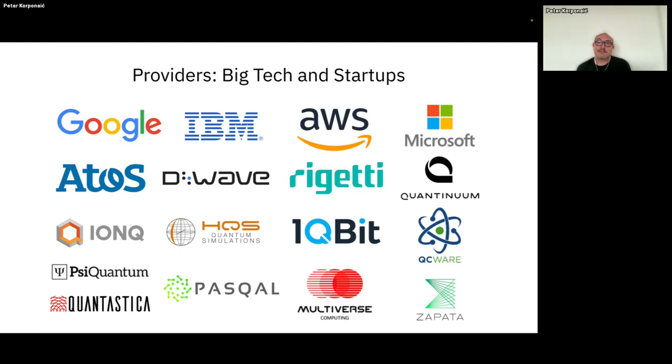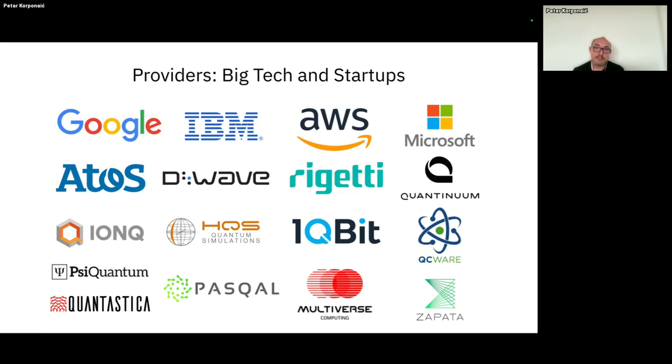Big tech companies are offering services to those companies, and there is also, for example, Atos, a European company, let's say European big tech, and we have some startups. Some of those startups became publicly traded companies like D-Wave, Rigetti, Quantinuum, IonQ, and other smaller but still strong startups who are operating in this area.